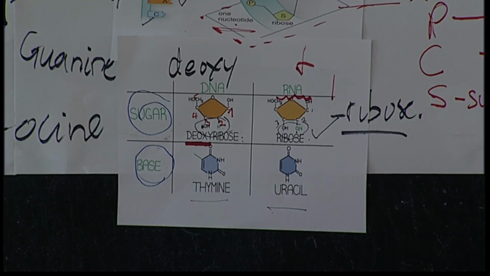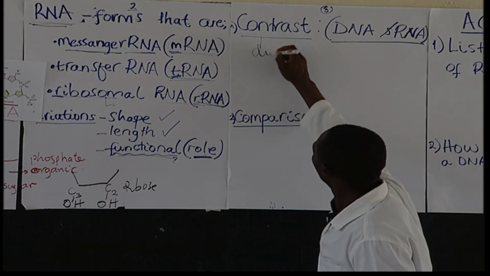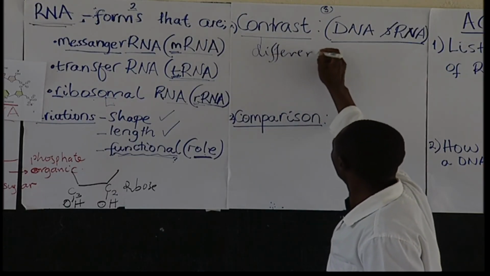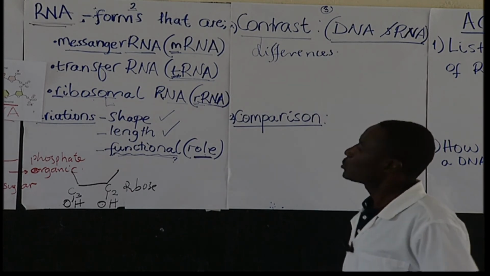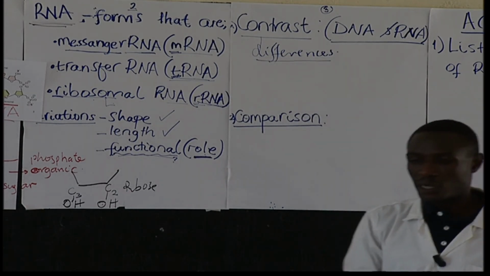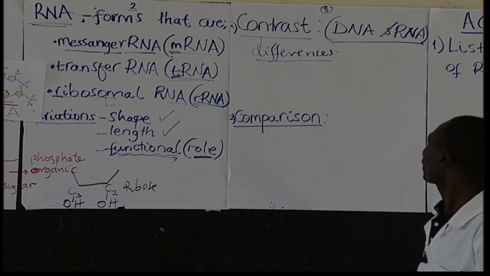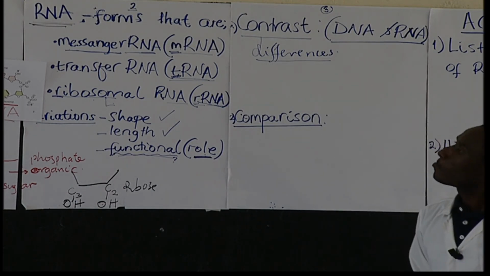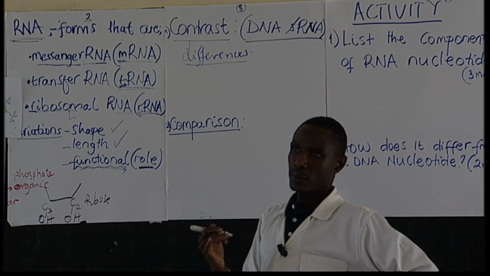Think about that. So if I'm to make a contrast, what exactly do I have to write? Simple. The differences. So we shall look at the differences based on composition.